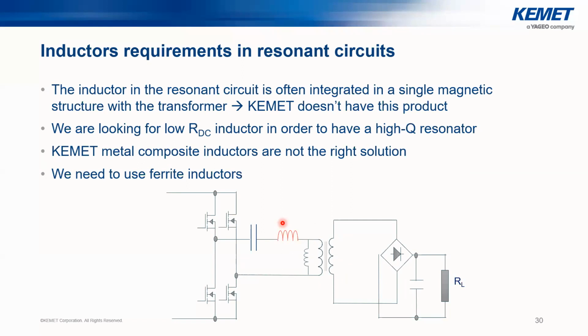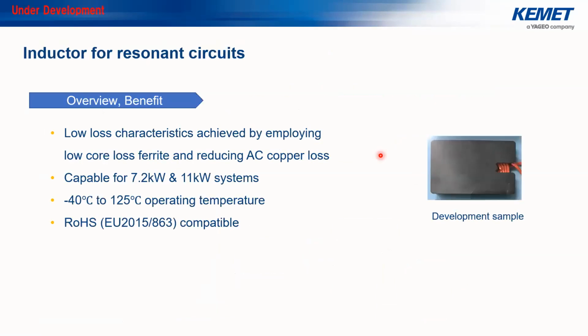That means we need a very stable inductor over time, with low losses to reach high Q values for the resonator. To meet this requirement, we generally propose ferrite materials because they can offer these features.